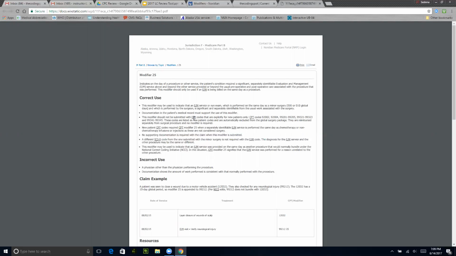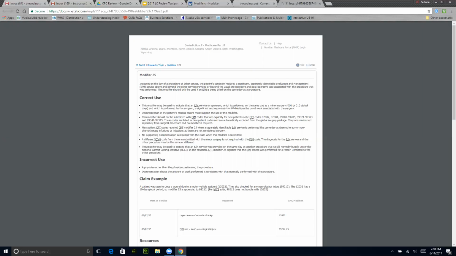So if you're in your Appendix A in your CPT book, we see Modifier 25, and it tells us significant separately identifiable evaluation and management service by the same physician or other qualified healthcare professional on the same day of the procedure or other service. And then it breaks it down.